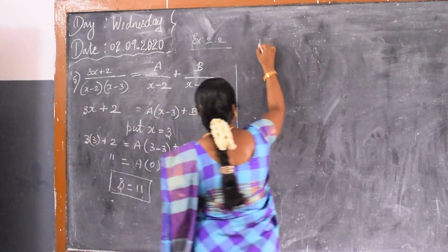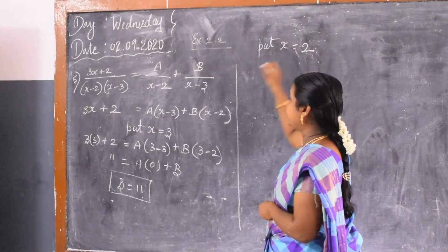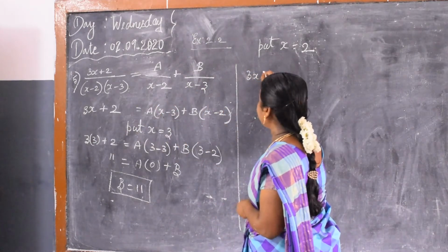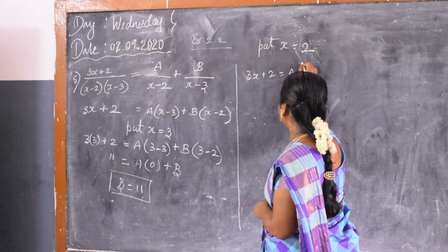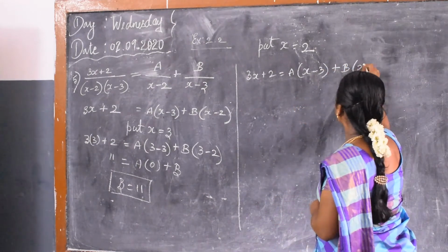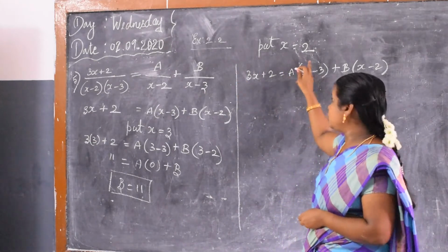Likewise, put x = 2. Now write here 3x + 2 = a(x - 3) + b(x - 2). Instead of x, put x = 2 here.